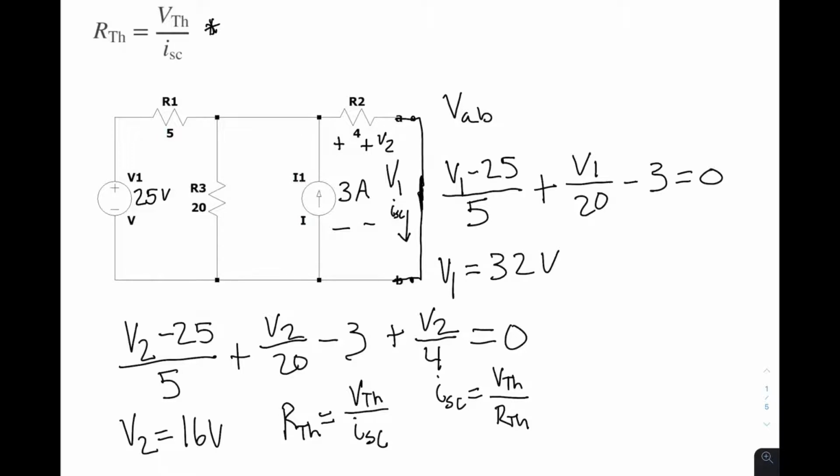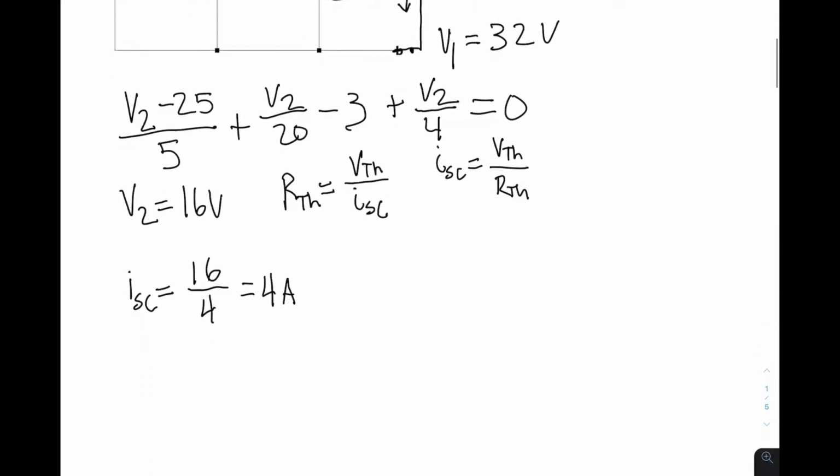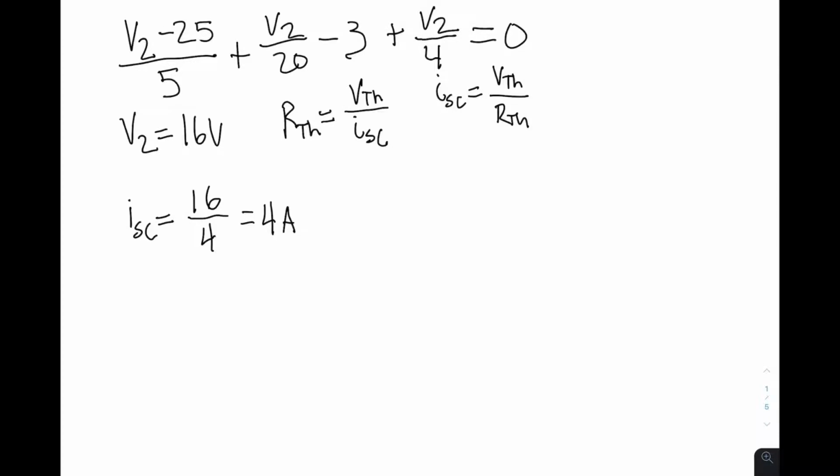Therefore, our ISC is going to equal 16 volts over our 4 ohm resistor, which is going to equal 4 amps. And plugging into the other formula, we're going to have VTH, which we calculated to be 32 volts, divided by ISC, 4 amps. It's going to be equal to 8 ohms.